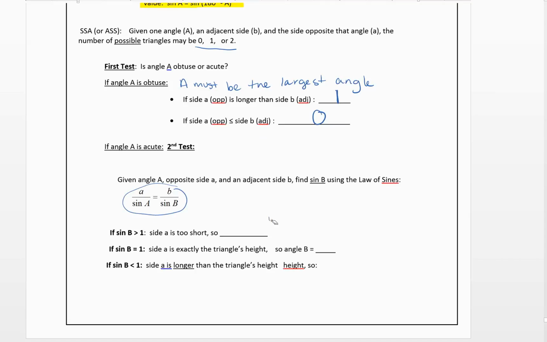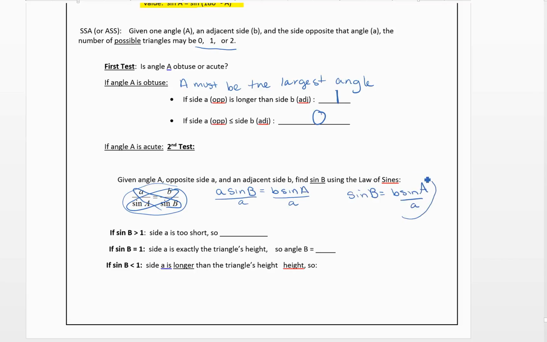So you're going to have A and sine of A, and you'll have little b, and you'll leave this saying sine of B. Then we're going to solve this for sine of B. So we'll cross multiply, and we'll say A sine of B equals little b sine of A. We'll divide both sides by A. So we're going to get sine of B equals b sine of A over A.